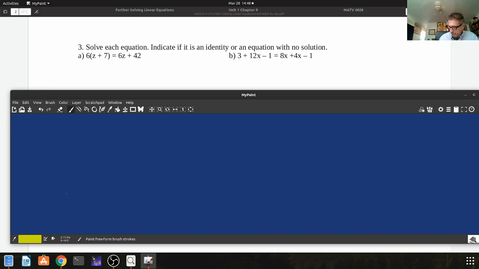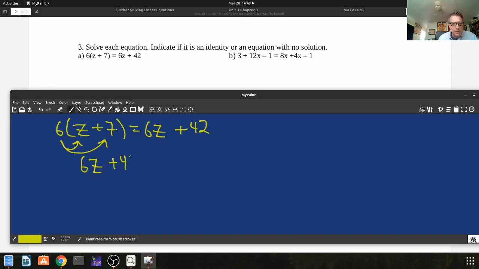So I have 6 times z plus 7 is equal to 6z plus 42. So let's use distribution. 6 times z is 6z, and 6 times 7 is 42.